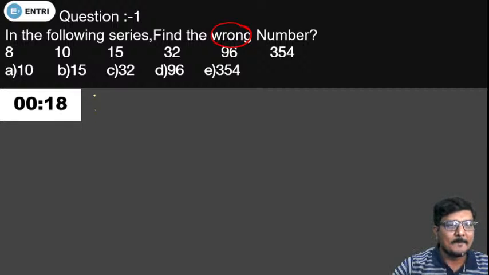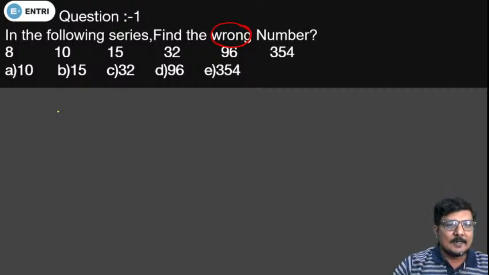Take your time, try to find the logic behind this series and find which of the following terms is not according to the logic of the series. So your time is up.